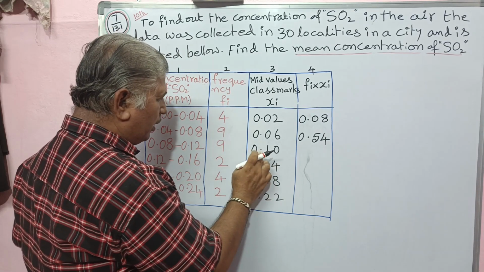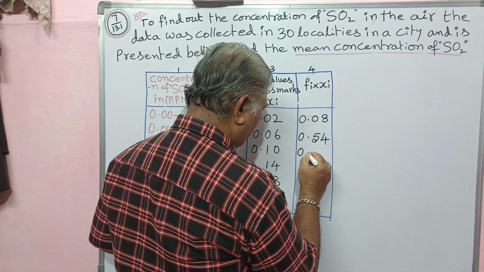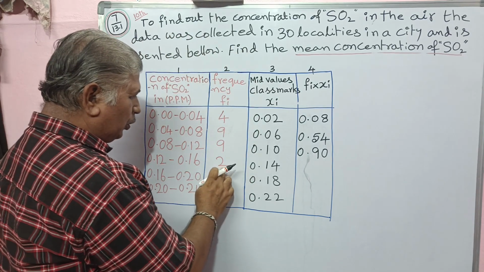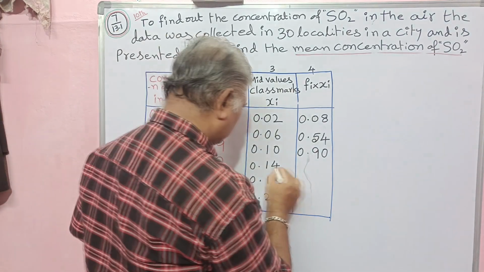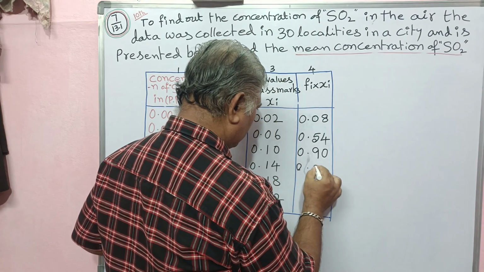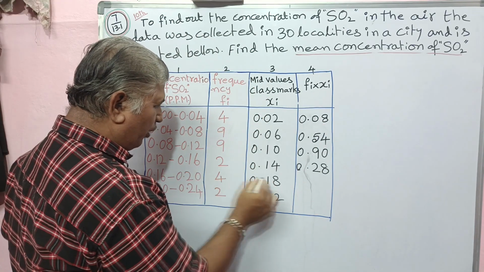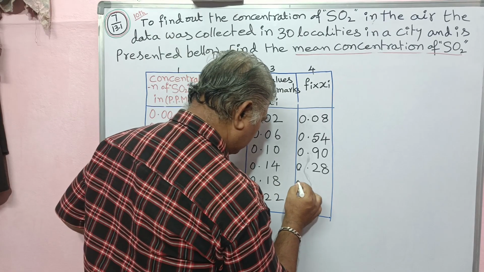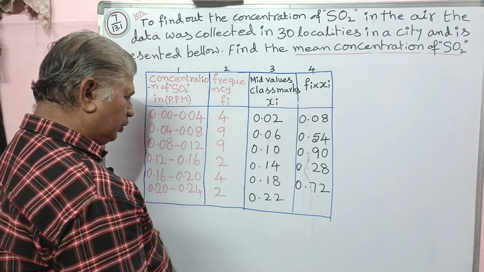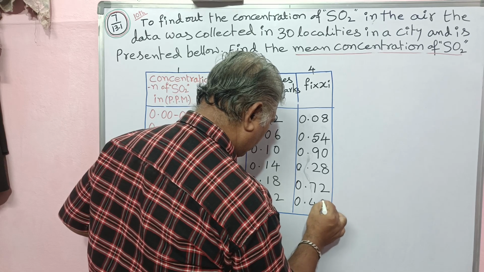9 tens are 90, so 0.90. 2 into 0.14 gives 0.28. 4 into 0.18 gives 0.72. And 2 into 0.22 gives 0.44.